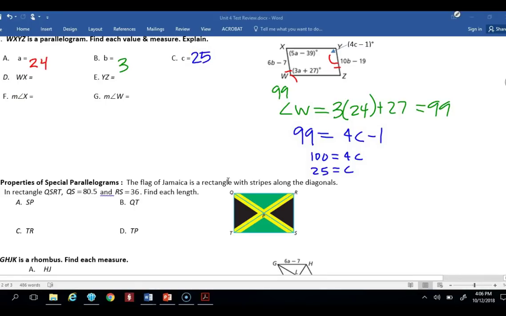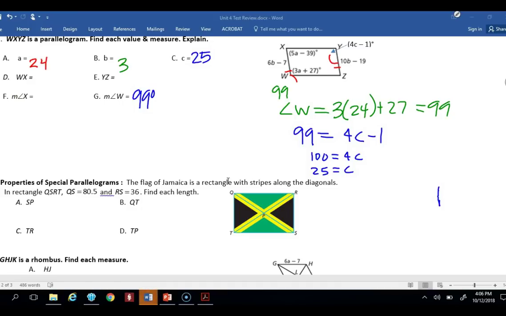Now all we have to do to find what's missing, the WX, the YZ, the angle X, and the angle W, well, we already found the angle W, so we can go ahead and write that. That was 99 degrees. Everything else, all we have to do is plug in our values to find it. So for WX, we would plug in our b.